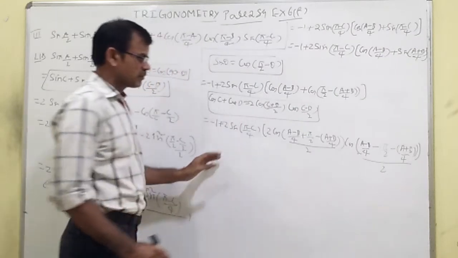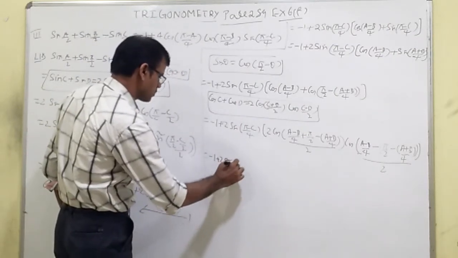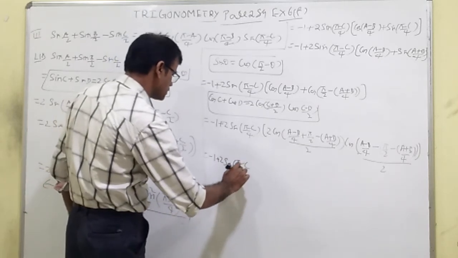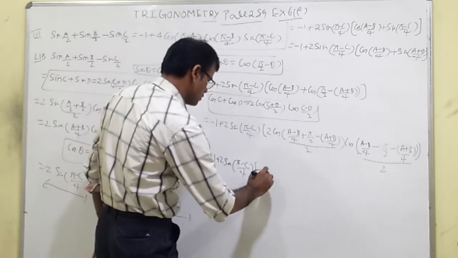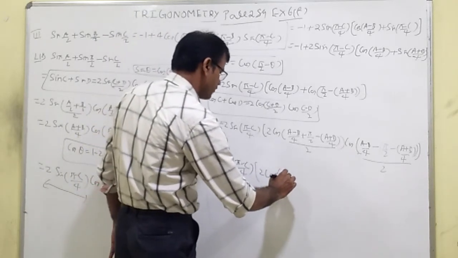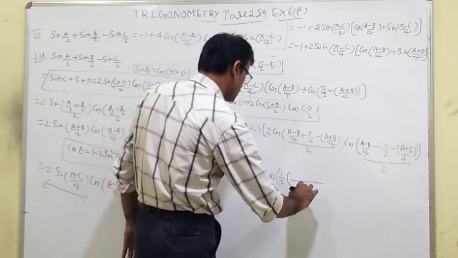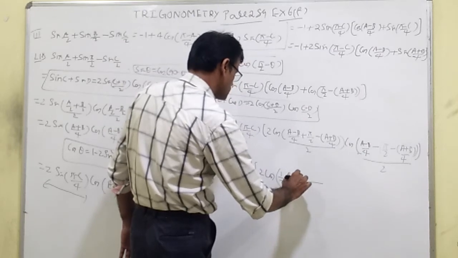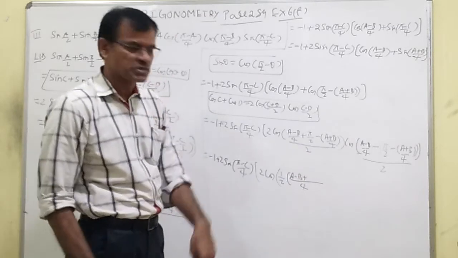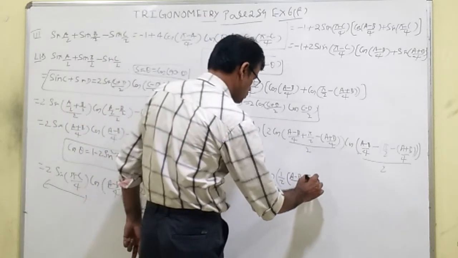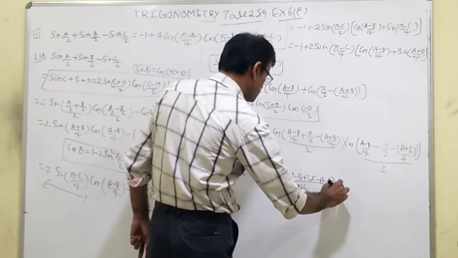That is equal to minus 1 plus 2 sin of (pi minus c)/4 into 2 cos of, here 1 by 2 take in common, take LCM here, this is 4. So this is a minus b, this 2 will be dividing 4, 2 times in 4. Apply here, this is 2 pi minus a minus b into cos.